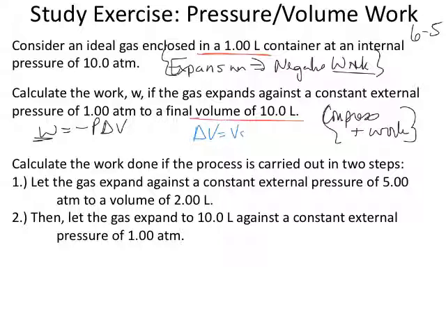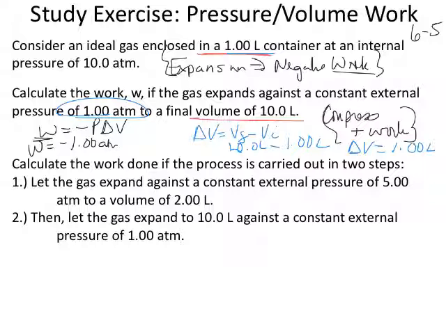Your final minus initial is going to be 10.0 liters minus the 1.00 liters. So your delta V here is going to be 1.00 liters. And your external pressure here is 1 atmosphere. So basically work equals negative 1.00 atmospheres times 1.00 liters.